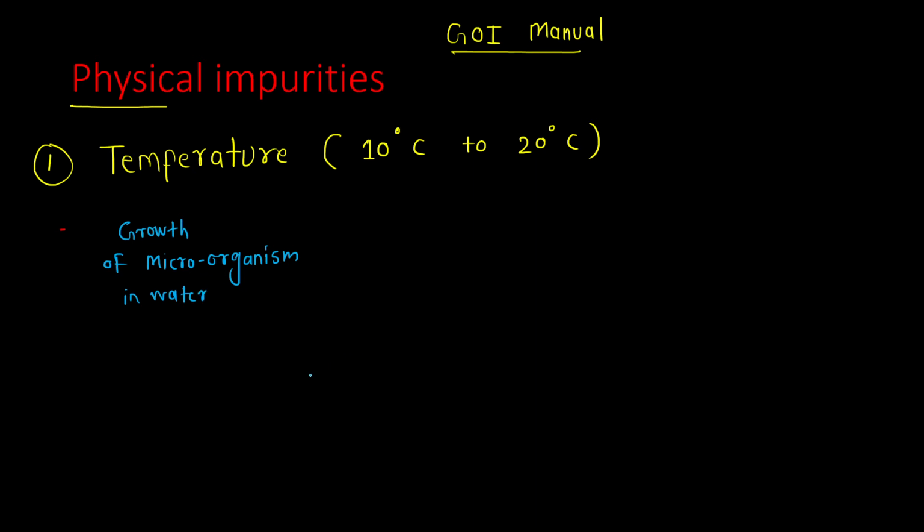The growth of microorganisms in water is directly proportional to temperature. This symbol here stands for directly proportional. There may be some viewers who don't know, so I am writing it. Those who know, it's very good.